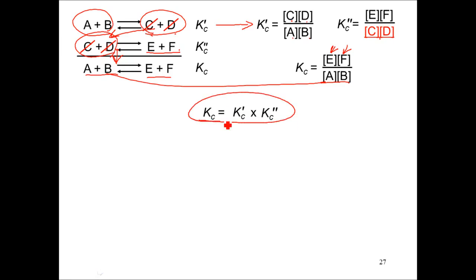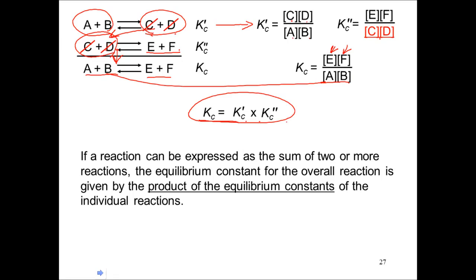Now, Kc should be equal to Kc prime times Kc2 prime. And if a reaction can be expressed as the sum of two or more reactions, the equilibrium constant for the overall reaction is given by the product. You multiply the equilibrium constants of the individual reactions.